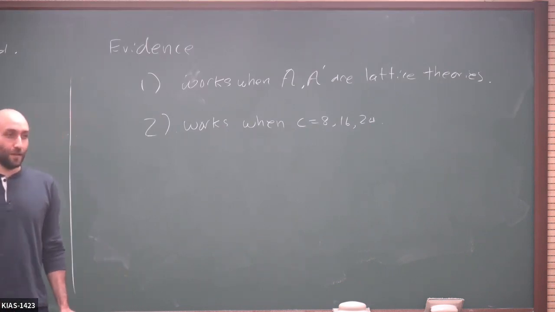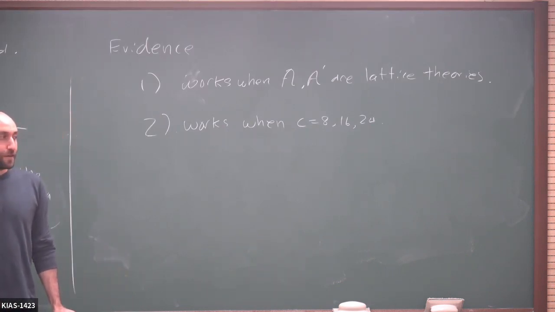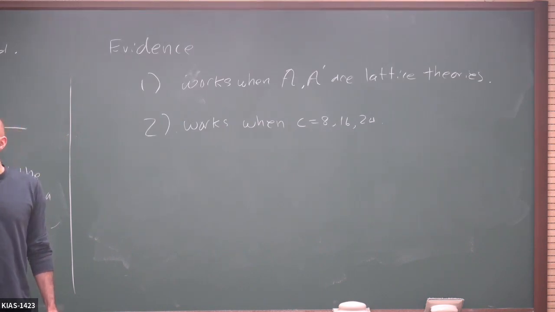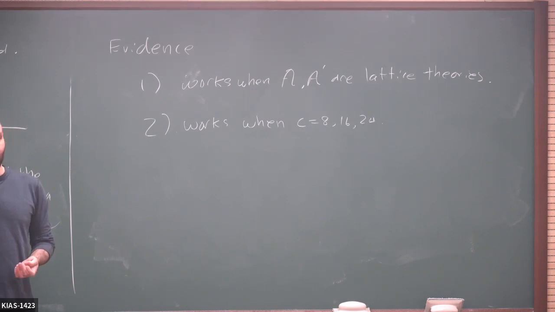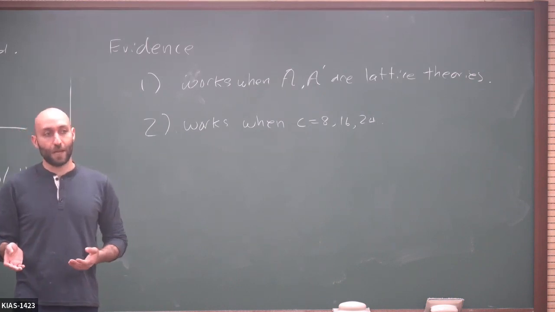What is the relation between compact and rational? Good. I think rational, at least my definition of rational, implies compact because there's a finite number of primaries and everything is an integer conformal dimension descendant of it. It's displaced from the finite number of primaries by an integer conformal dimension. So I think rational implies compact.